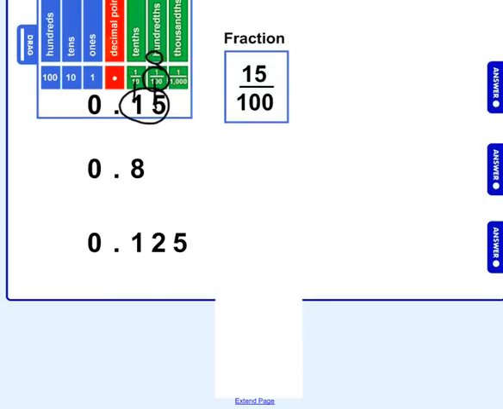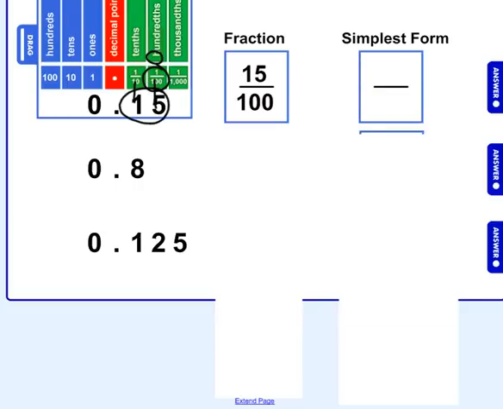So there, we'd have 15 over 100. That would be a fraction, and then you simplify by dividing both of them. And once you do that, you would get 3/20. So when you divide it, you get 3/20.